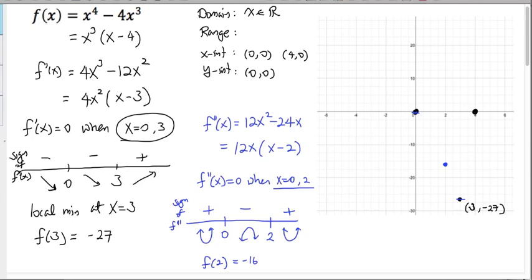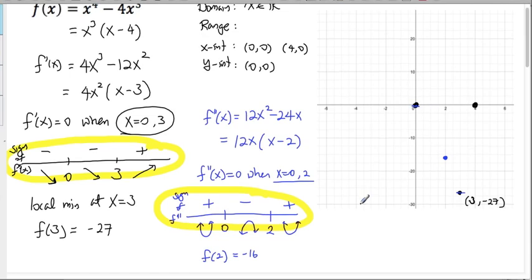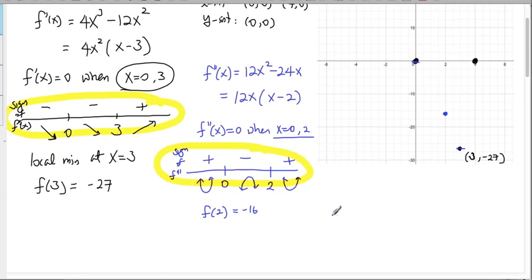Okay, so I have these two number lines. You can look at them separately, but I'm going to combine them. Okay, just down here. All right, so 0, and I need a 2 there and a 3.